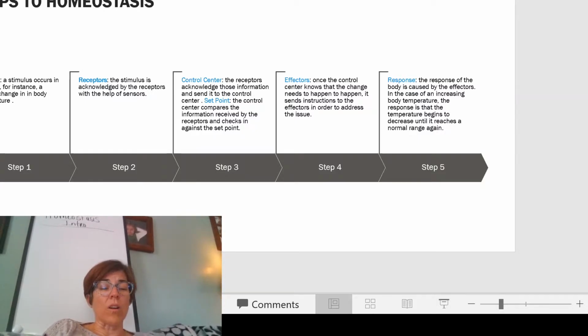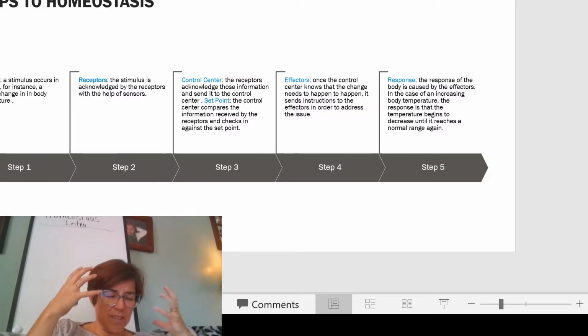In step 4, the effectors are signaled. The effectors are just the body parts that are going to respond. So I'm doing jumping jacks. I'm causing the stimulus of doing the jumping jacks. My receptors have picked up on the fact that my muscles are releasing heat, my body temperature is changing, and that my muscles may be requiring more oxygen, more nutrients, and a removal of waste products.